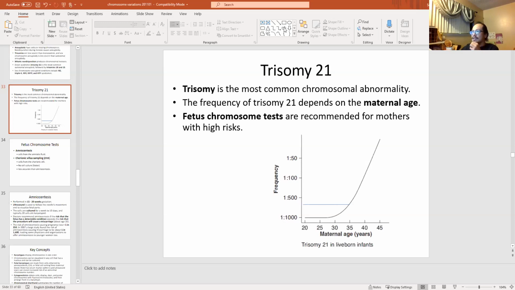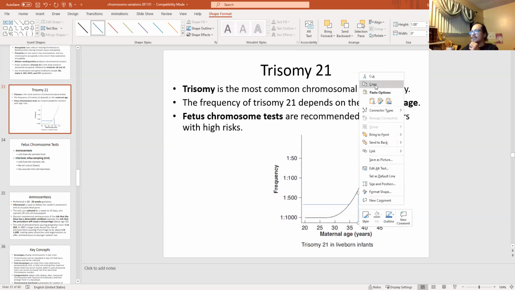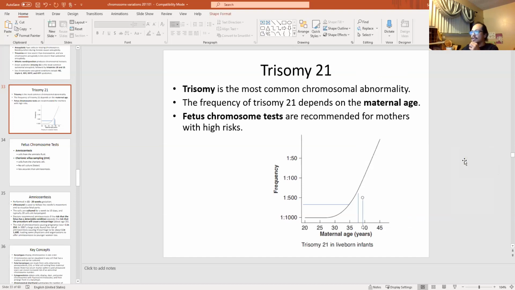If the patient is older than that, say 35 or 37 years old, and she is going to have a baby, her risk of having a trisomy is here, say 1 in 400, for example. So here the chance is 1 in 400.